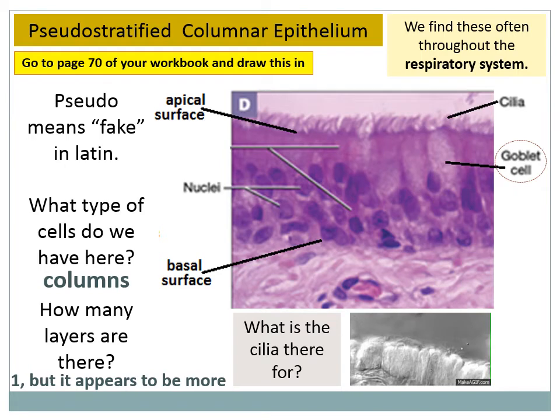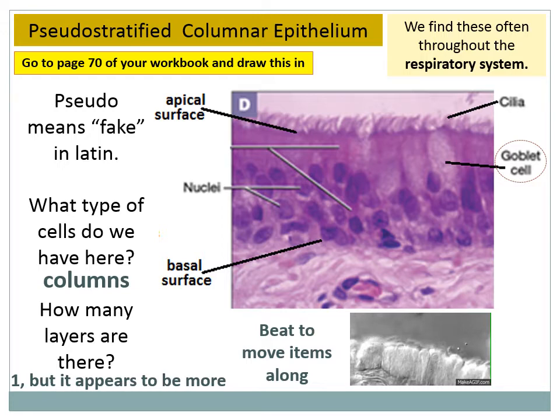Notice that we also have cilia here. What are the cilia going to be used for? Yep, the same thing they were used for in our other tissue type. So they're going to beat to move things along. In this case, we find these throughout the respiratory system. So really the cilia are typically found in your trachea, which is like your windpipe.